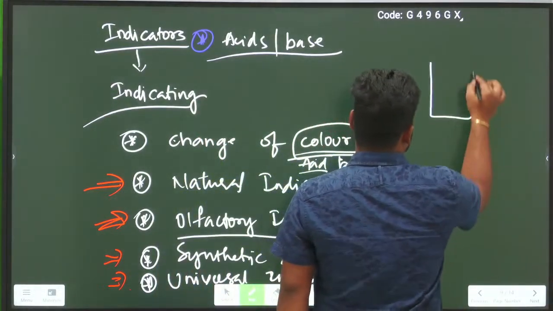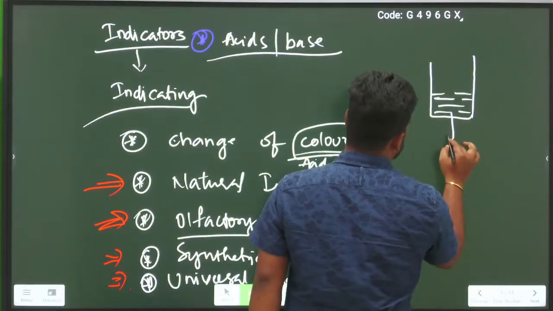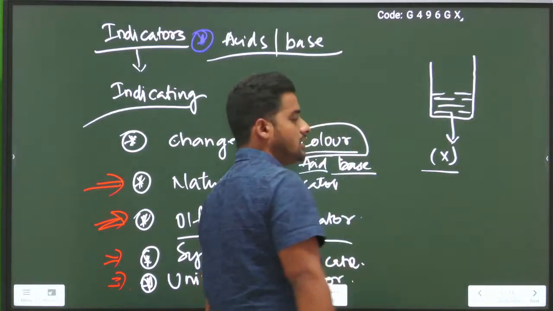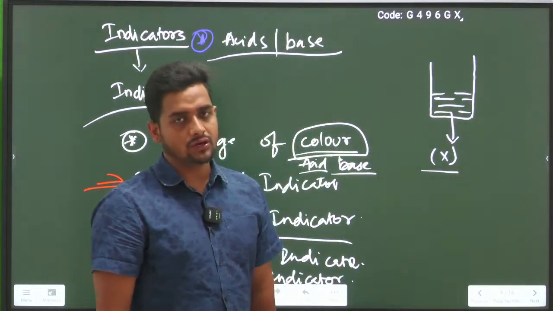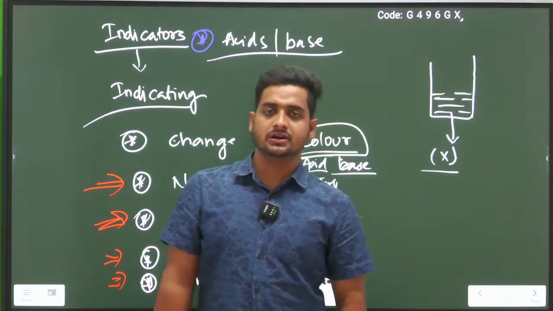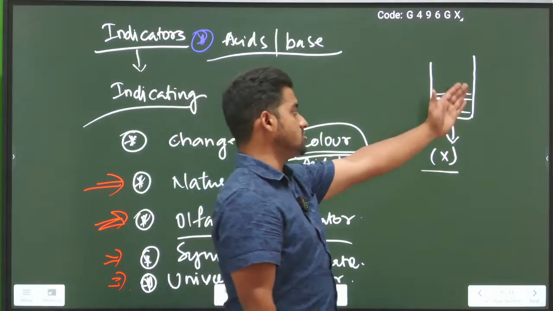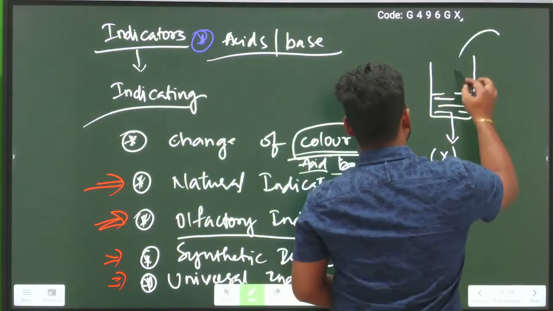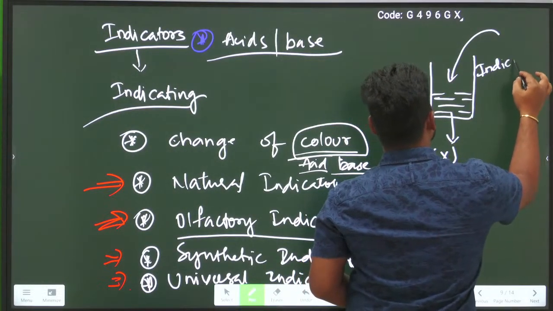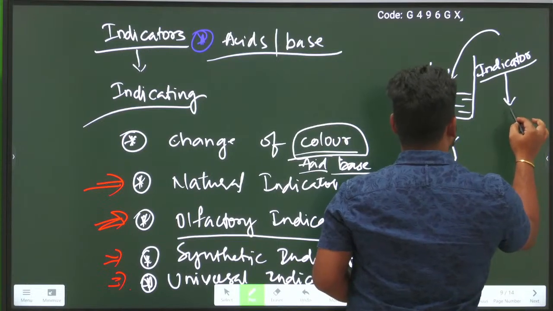Now take a beaker. If this beaker is filled with an acid or a base, take that acid or base as an X compound. So if that X compound is reacted with an indicator, what happens?